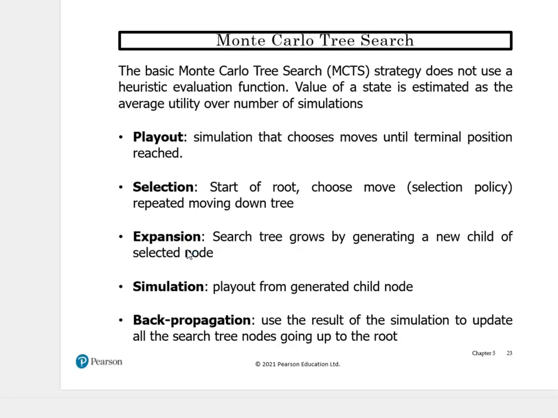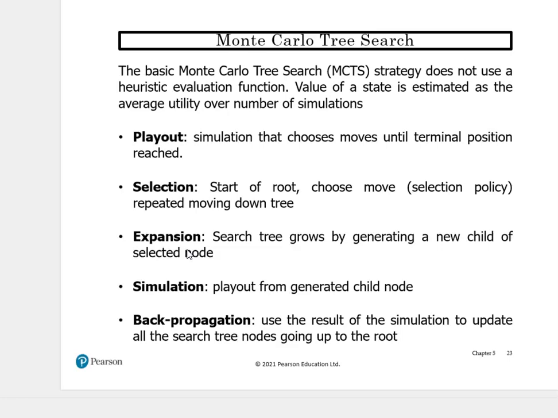So one alternative strategy is to use Monte Carlo tree search. Now, the Monte Carlo tree search strategy does not use an evaluation function. Instead, the value of a state is estimated as the average utility over a number of simulations of complete games starting from the given state.